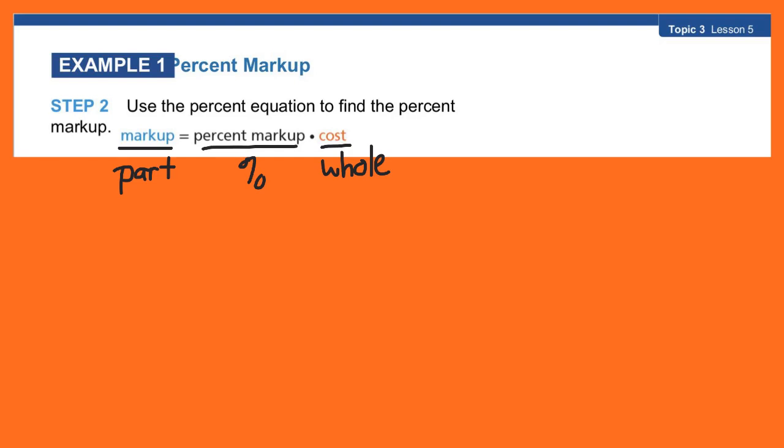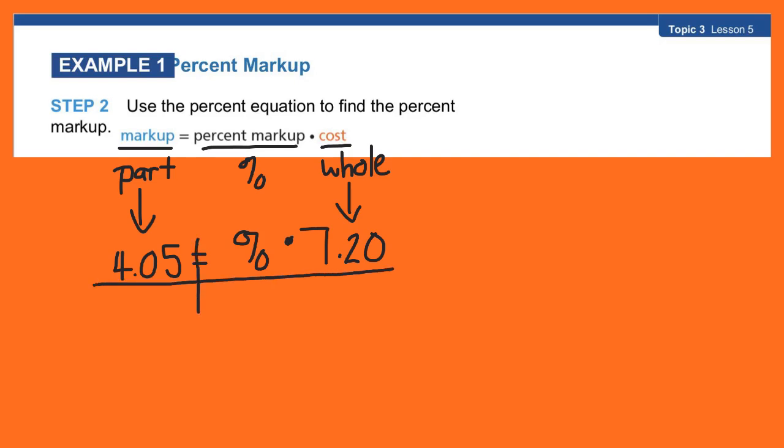So we know the part that it got marked up: it got marked up $4.05. We aren't sure of the %, but originally it cost $7.20 for Marty. That's called a wholesale price, or what the person paid for the item originally.